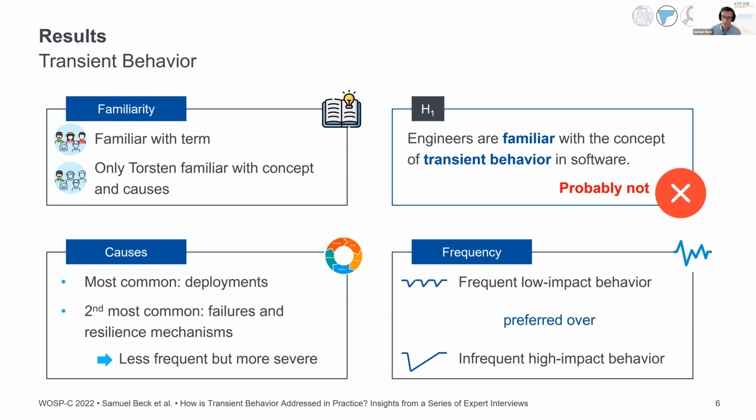Which also brings me to an insight that we made about which kind of transient behavior is easier to handle or is preferred. And that would be our interviewees prefer frequent low impact transient behavior like that introduced by continuous deployments over infrequent high impact transient behavior, for example, introduced by traditional deployments that only happen once or twice a year, but really have a lot of potential for creating a lot of failures.